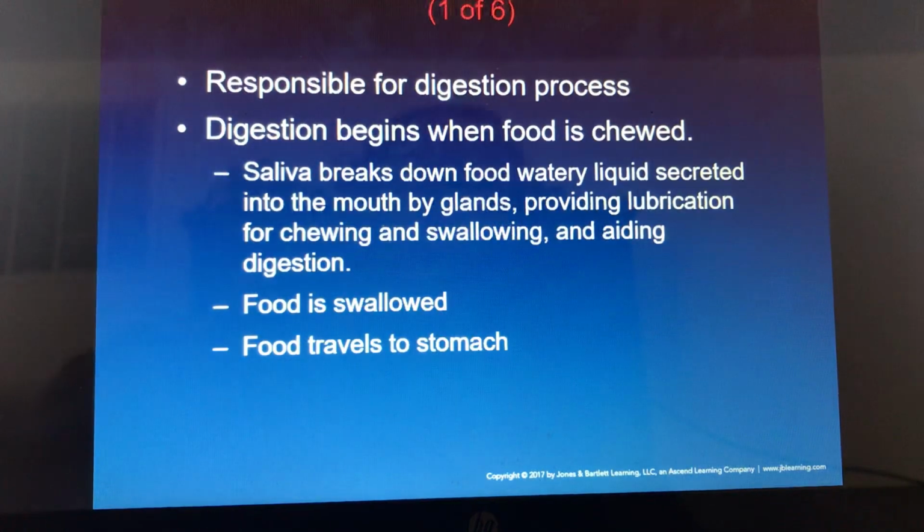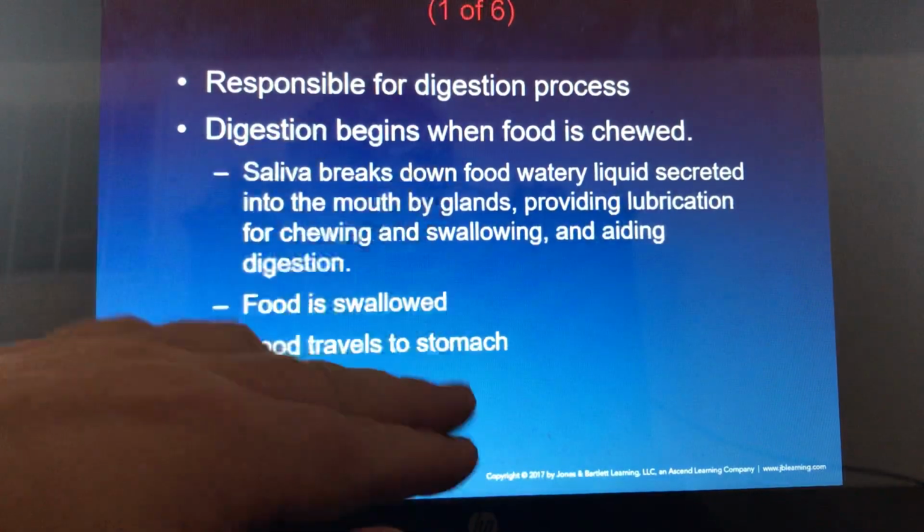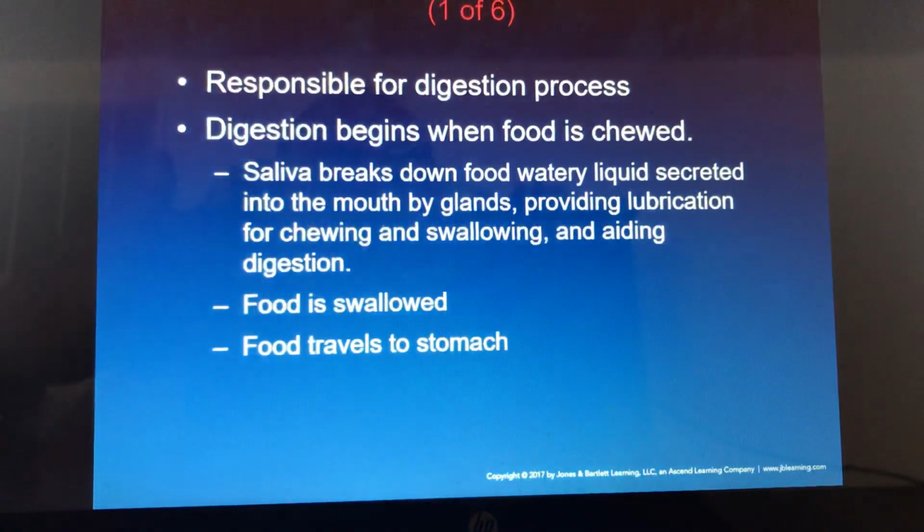So we're going to start at the very beginning of the digestive tract with the mouth. The mouth has saliva glands that produce a liquid material that has digestive enzymes in it. So you literally start digesting food the moment you put it in your mouth and chew. The saliva glands also provide lubrication for swallowing.